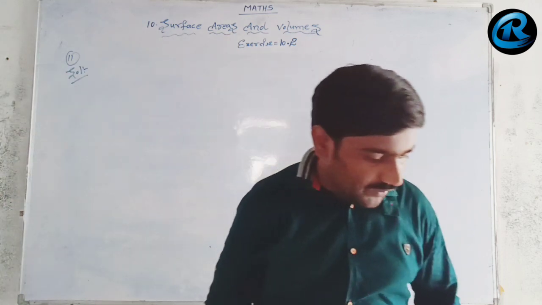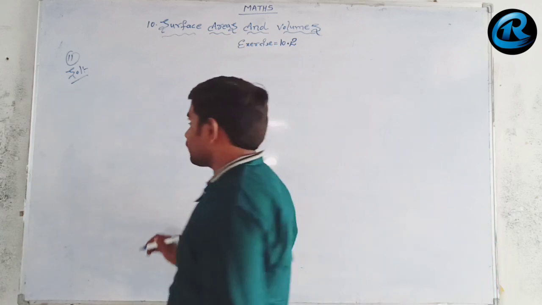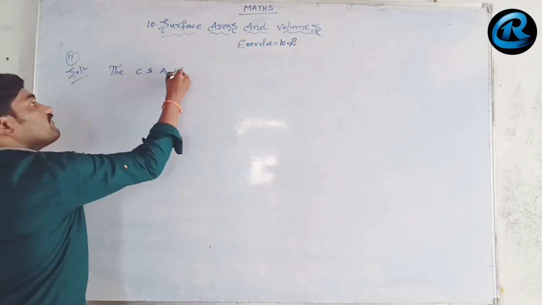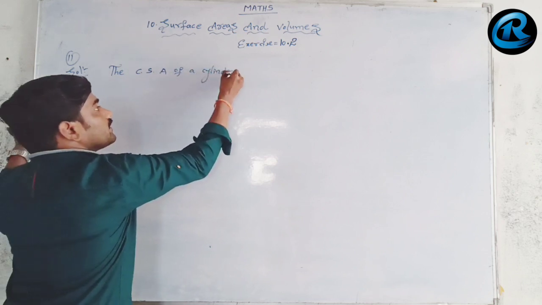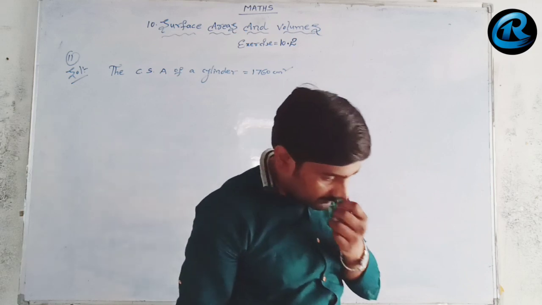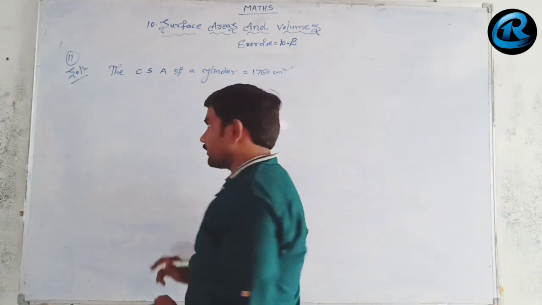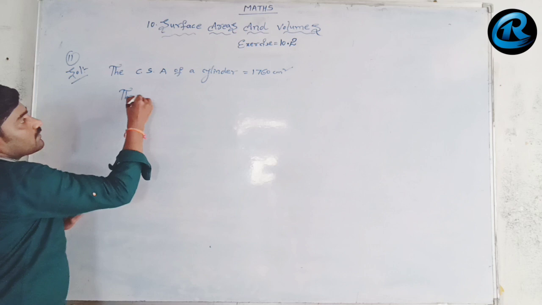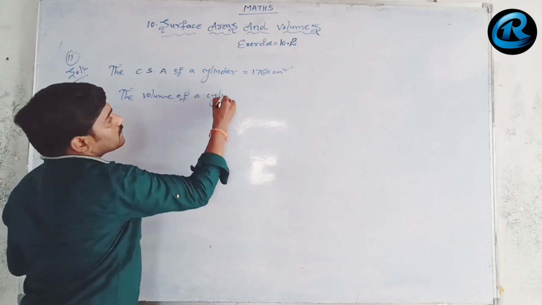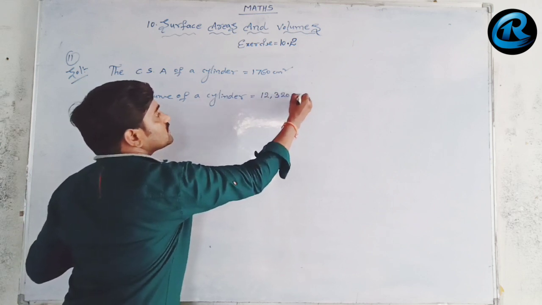See, this kind of question is also important. The curved surface area of a cylinder is 1760 centimeter square, and its volume is 12,320 centimeter cube.